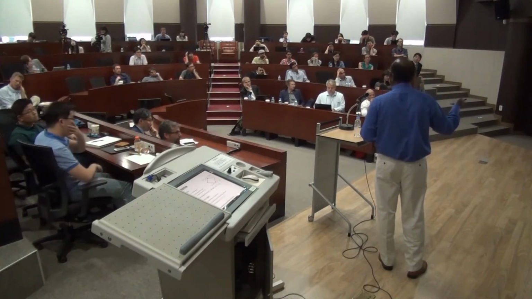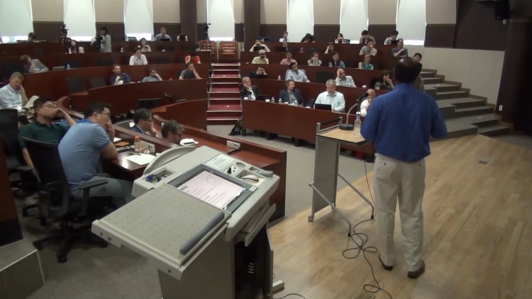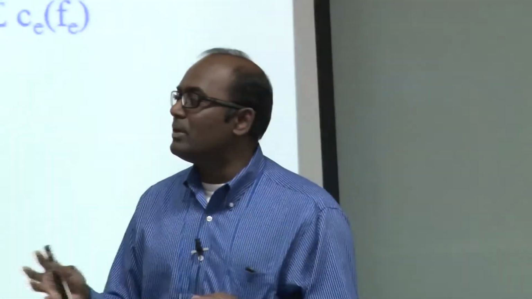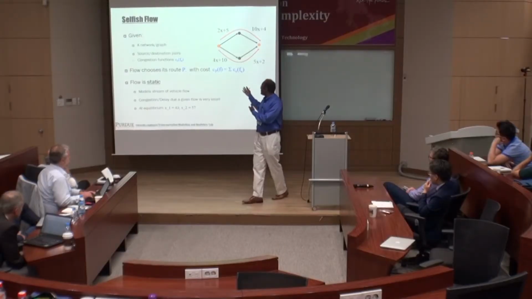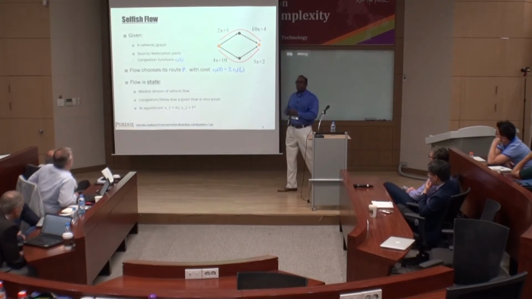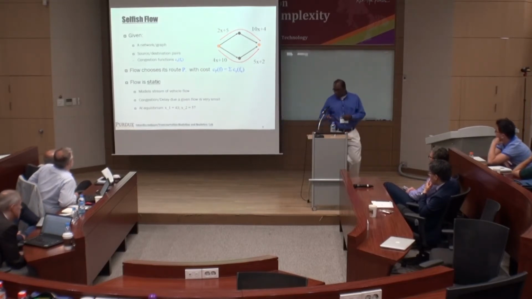This is the equilibrium because there's a strategic interaction of agents, right? But now this is just 2 paths. If I give you a Chicago network, which we usually use for our test cases, it has about 10 million paths. If I have 10 million paths, I cannot possibly solve this type of model using the approach I just described, right?